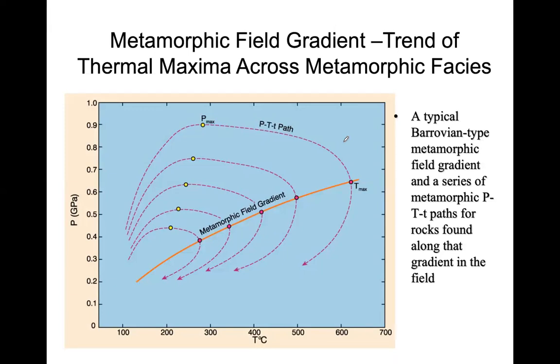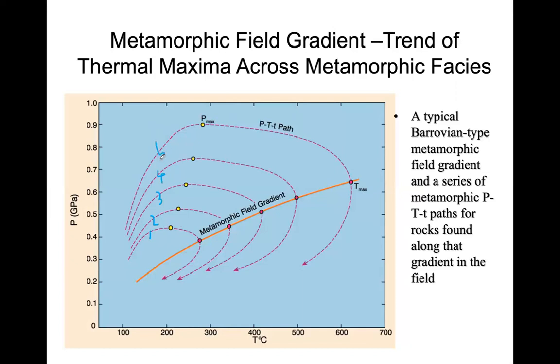Now let's take several rock units which have gone through metamorphism. Okay, so different rock units. For example, here 1, 2, 3, 4, 5.